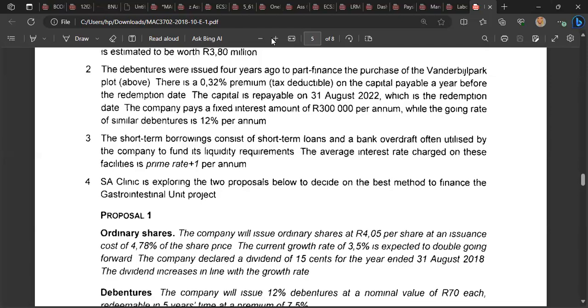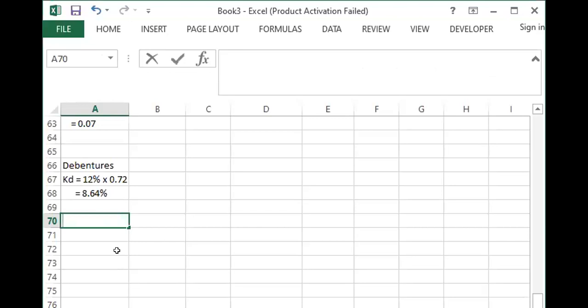Now we need to draft it in terms of CF1, which is the first cash flow, cash flow number 2, cash flow 3, and then cash flow 4, where there is going to be the redemption of the capital amount.